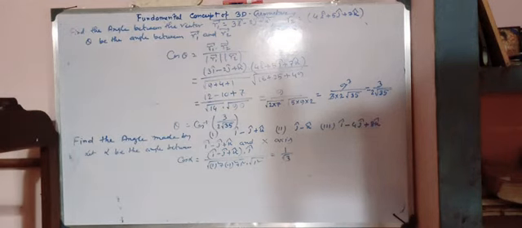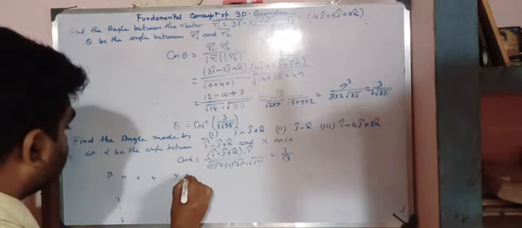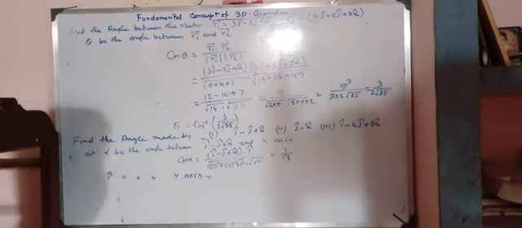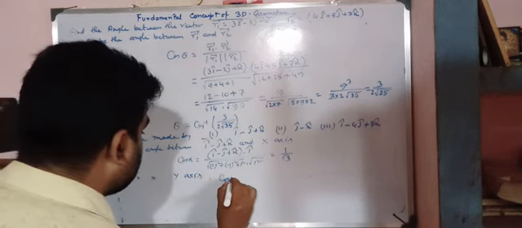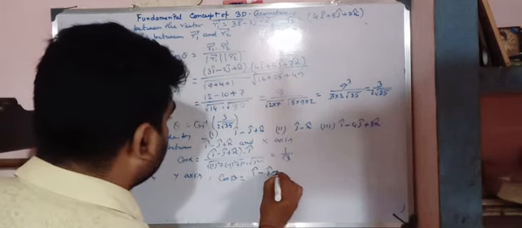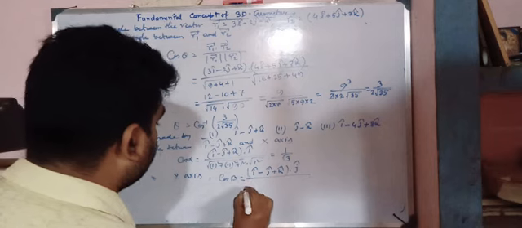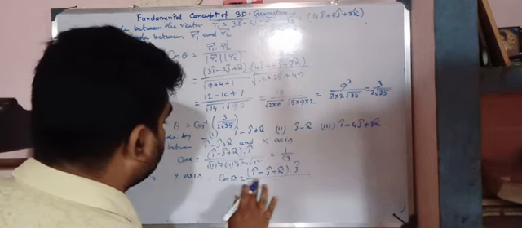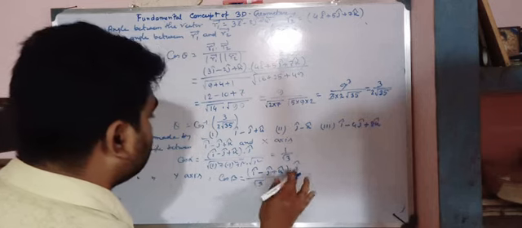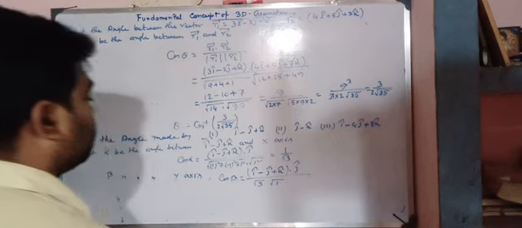Similarly, if beta is the angle between this vector and the y axis, then cos beta is equal to i minus j plus k dot j divided by root 3 into root over of minus 1 square, which is root 1.